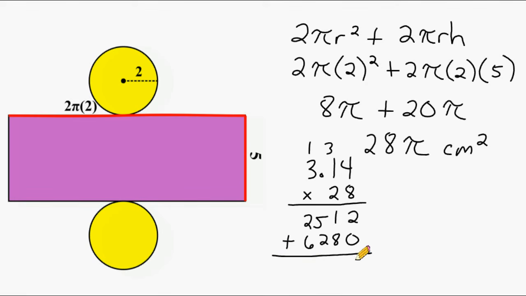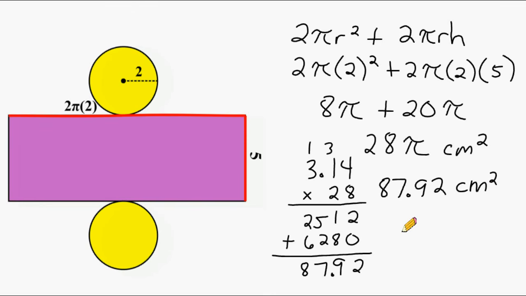This is going to be a 2, 9, 7, and an 8. And our decimal goes right here. So when solving using 3.14 for pi, we come up with 87 and 92 hundredths square centimeters.